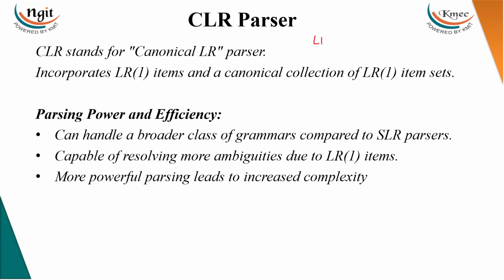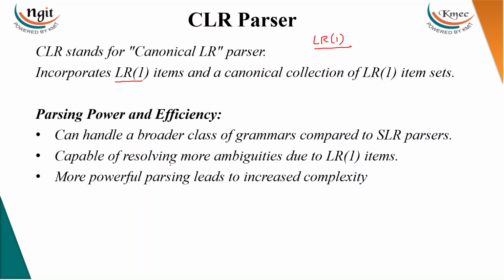the LR1 parser. The main difference between CLR and SLR is that in the second step we construct the LR1 items instead of LR0 items. So compared to all other parsers, it can handle more grammars.